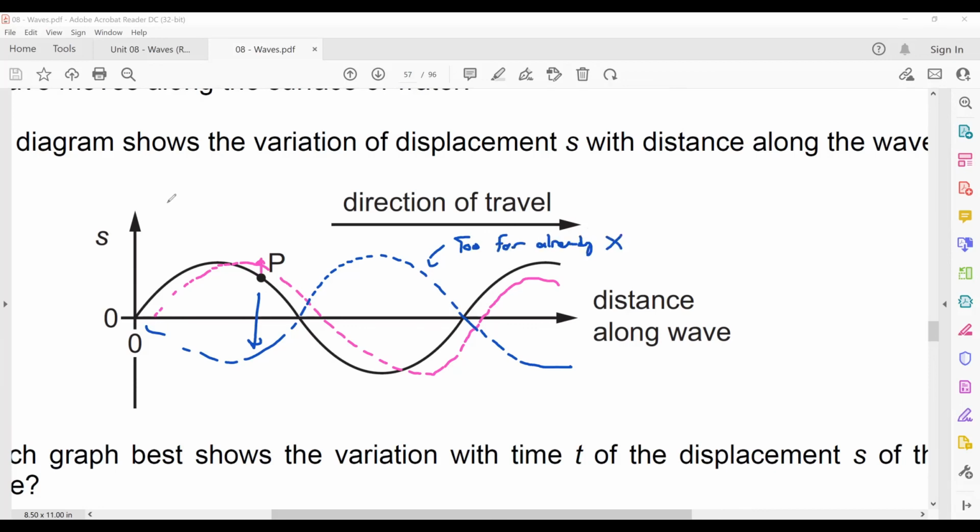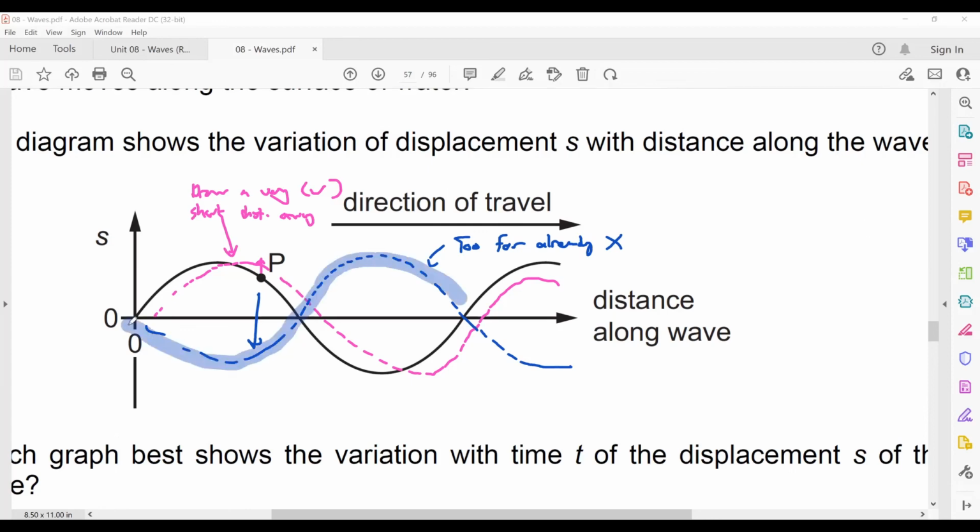Okay, you need to draw it a short distance, a very short distance away, like this. This one should be the correct one. If you draw it too far, like the blue colored line here, it's going to tell you something else.